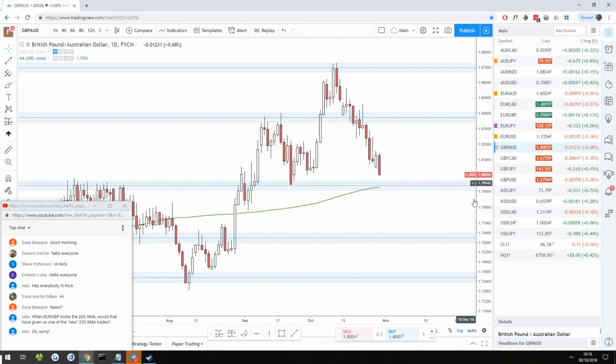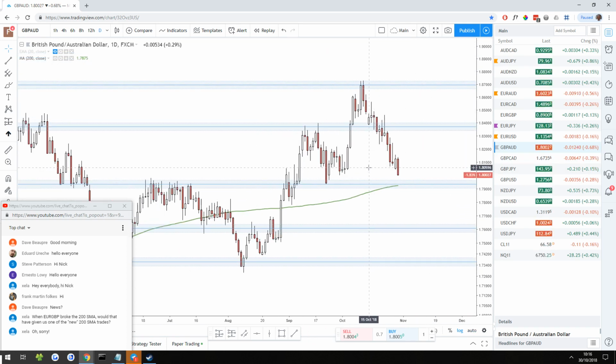GBPAUD is also close to a pretty significant area. Not as significant as the EURUSD one, but it's closing in on this area here. It's not hit it yet, but it is moving fast, so I am going to mark this one too to keep an eye on. This coincides with the 200 moving average, which isn't as significant on the non-major pairs, but it still plays some significance.